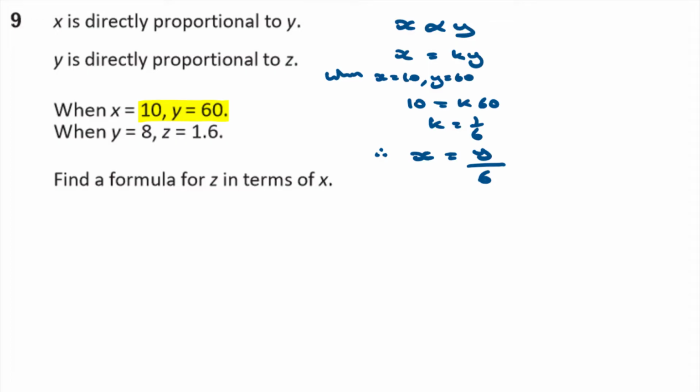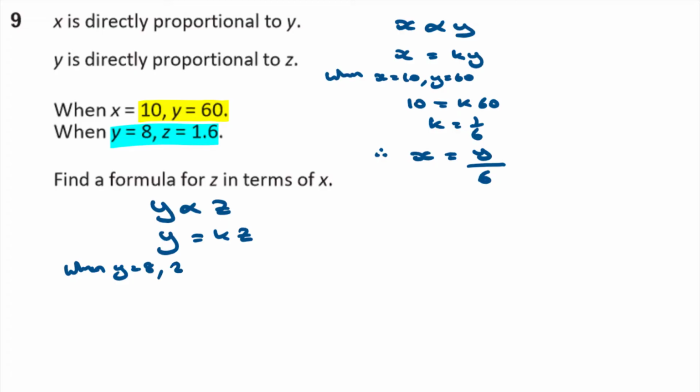I'm going to do the same thing for the other one now. y is directly proportional to z. So y is proportional to z, which means y is equal to some constant times z. Again, I've got a pair of values that link y and z. So when y is 8, z is 1.6, which I can use to find the constant of proportionality. So 8 equals k lots of 1.6.